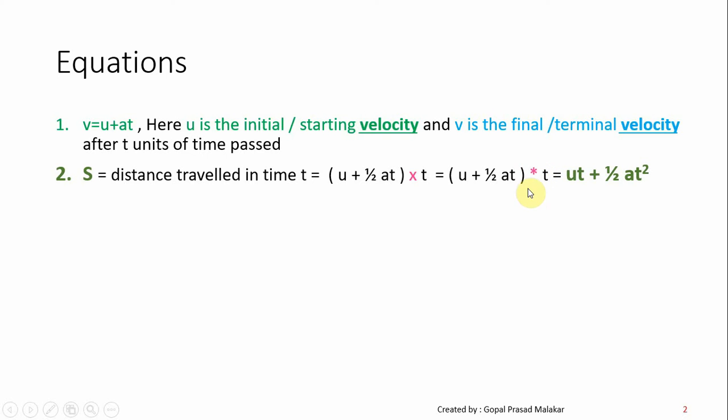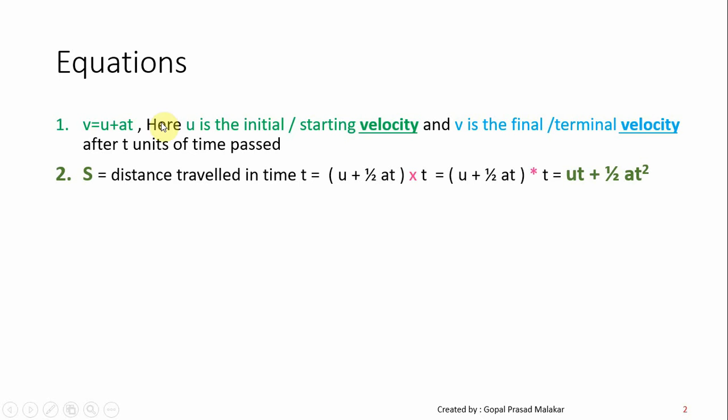In fact, on Microsoft Excel, when you type this asterisk, it actually means multiplication. So in lieu of using this cross, mostly I'll be using this particular symbol to denote multiplication. So you have the equation s equal to ut plus half at square.